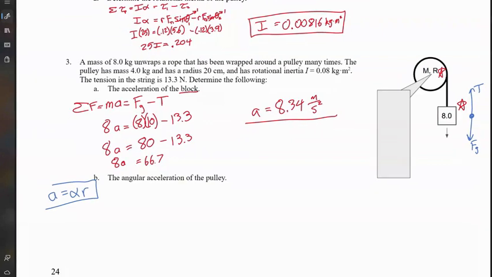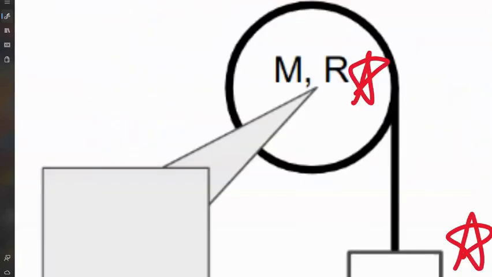So let's take the sum of the torques, because we're talking about the pulley now. We're going one object at a time, and this object happens to be rotating, so it equals I alpha. The only force exerting a torque on this wheel is the tension. If we zoom in on our wheel, there's the center and there's the contact point.